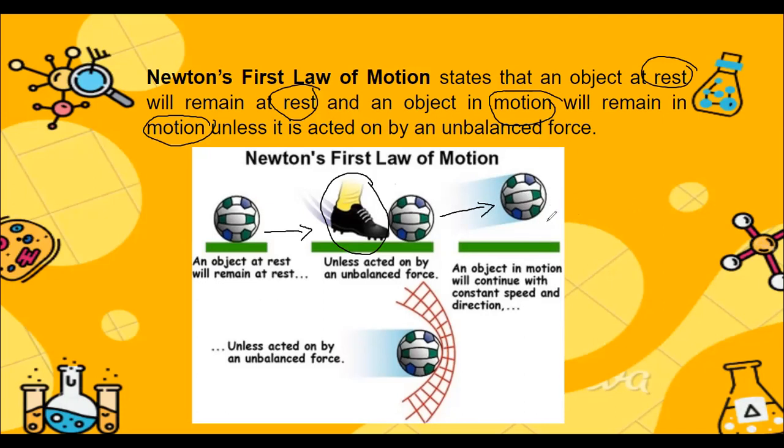So, in this case, meron tayong force sa ating fourth illustration. And the force is our net, no? Yung ating net po, yung nagbigay ng force sa kanya, kaya po siya ay huminto or nag-change ng kanyang speed. Alright? Okay.